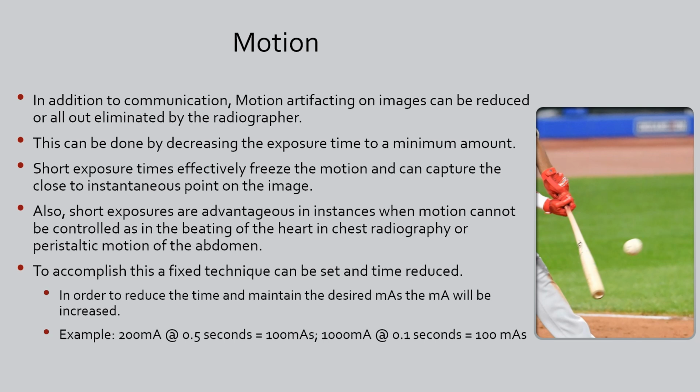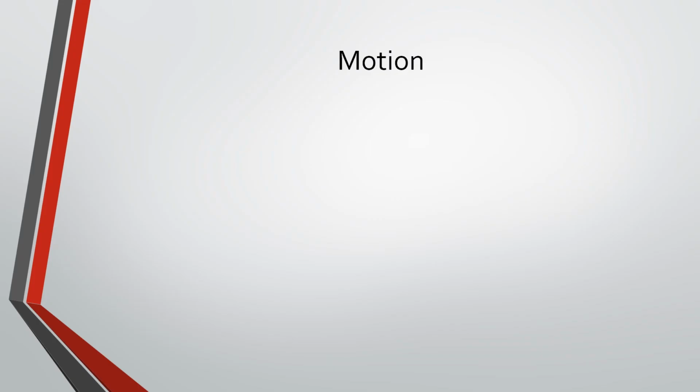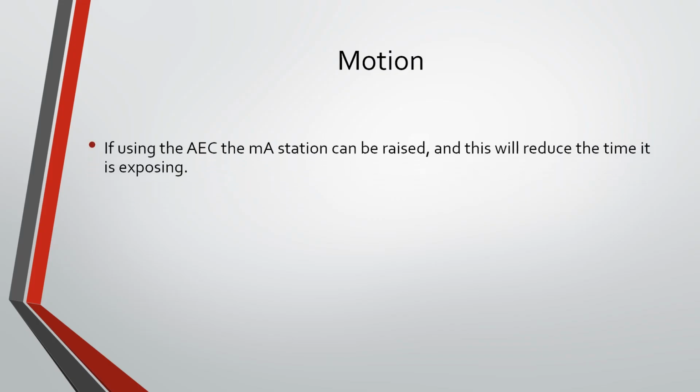So by using these techniques on the console when we're setting the exposure, if we're using the AEC, the automatic exposure control, the mA station can be raised, and this will reduce the time that it is exposing, because the AEC is the one really controlling the exposure at that point.